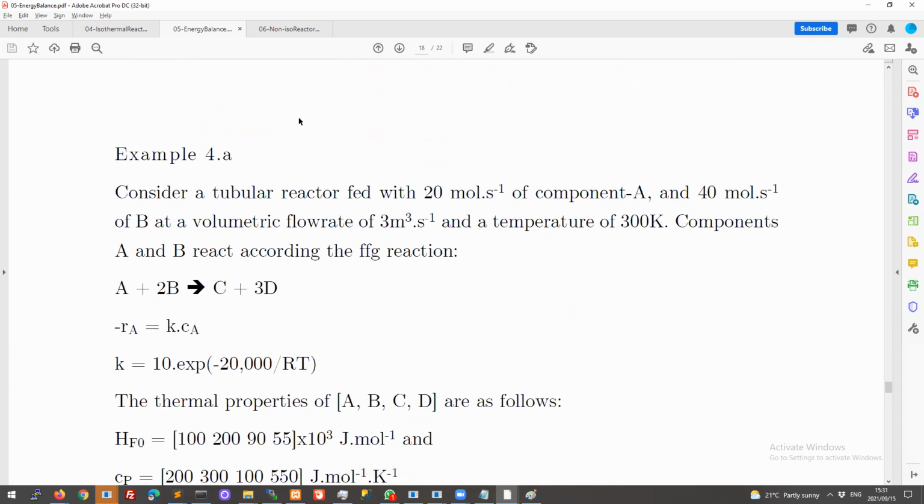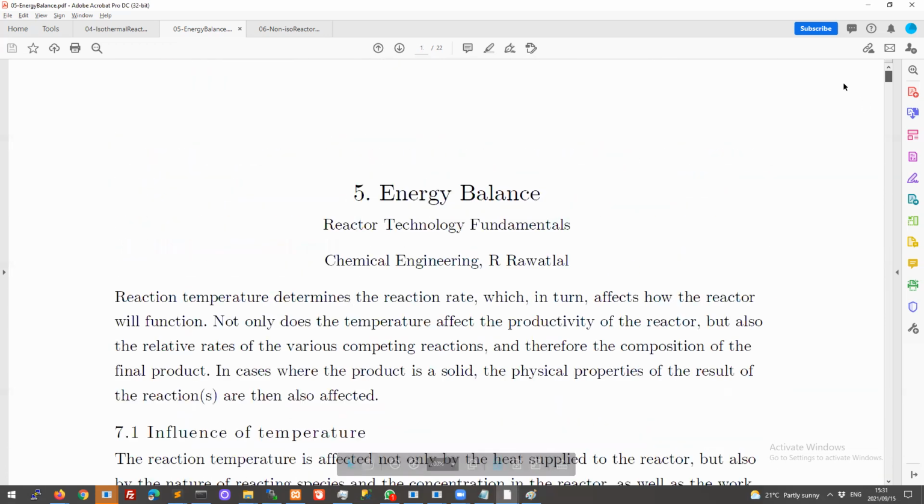That's what you should take away from the energy balance. We can still do our reactor design, even if the temperature is changing. Any questions or comments so far? Okay, so work through this energy balance carefully. Be sure that you can do all the things it mentions here.